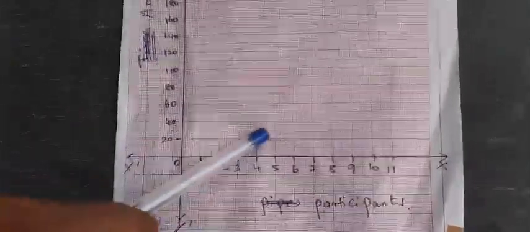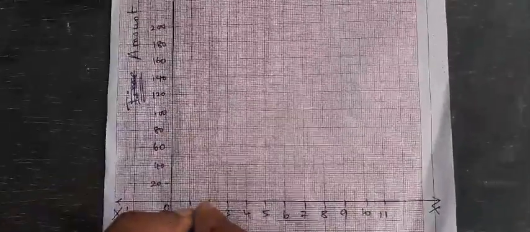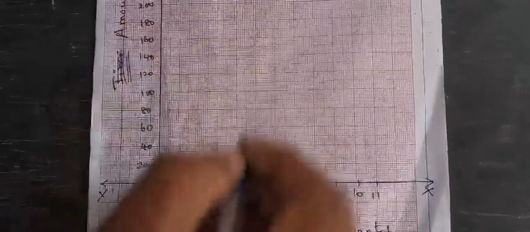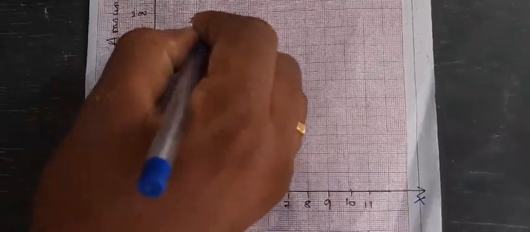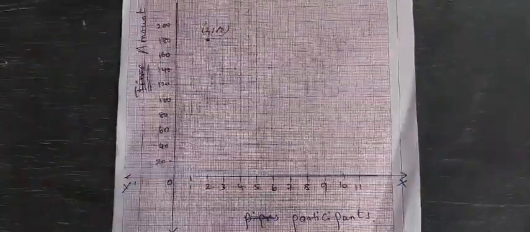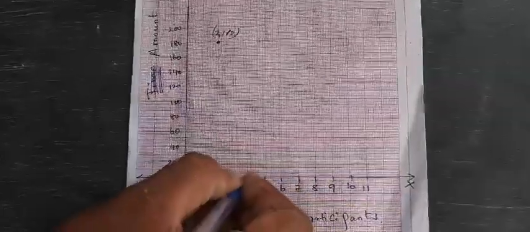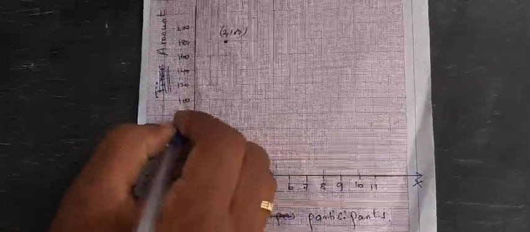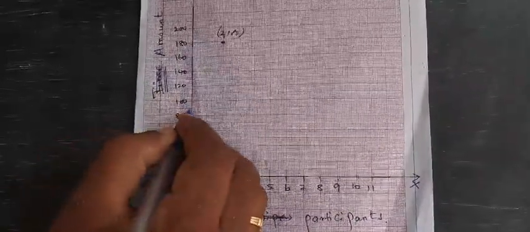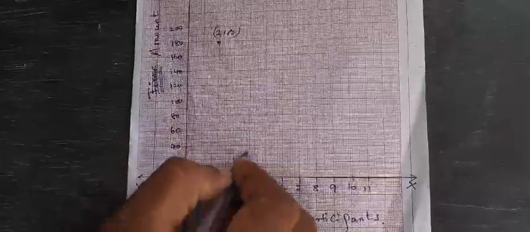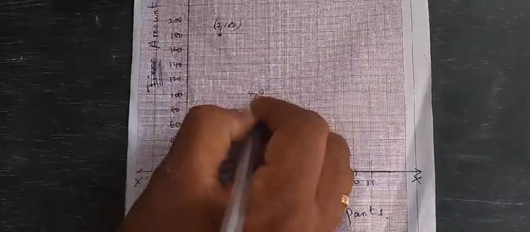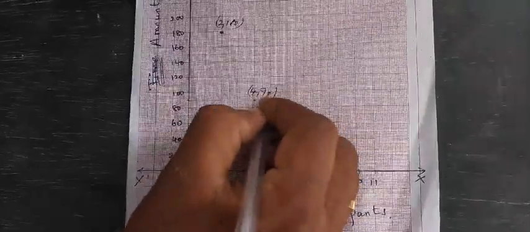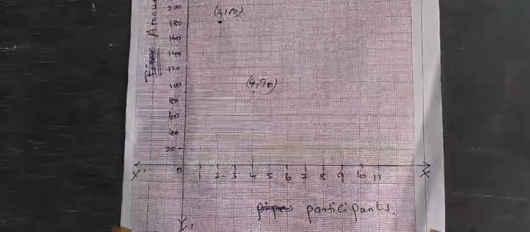So by the given data, 2 comma 180. 2 will be here, 180 here. Then 4 comma 90, 4 will be here, 90 here. And then 6 comma 60.